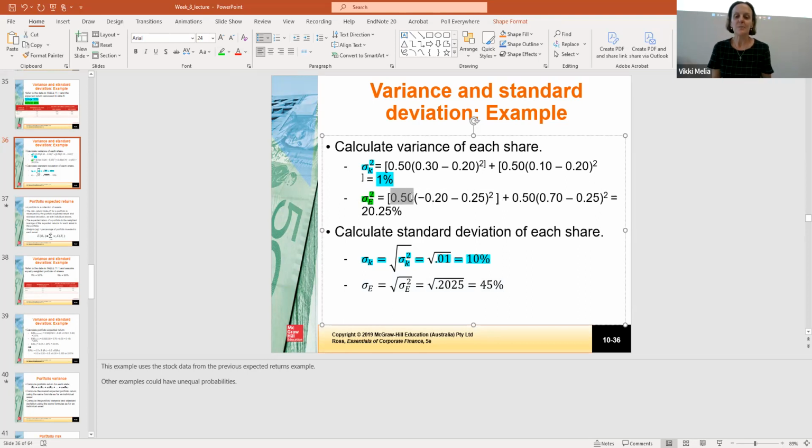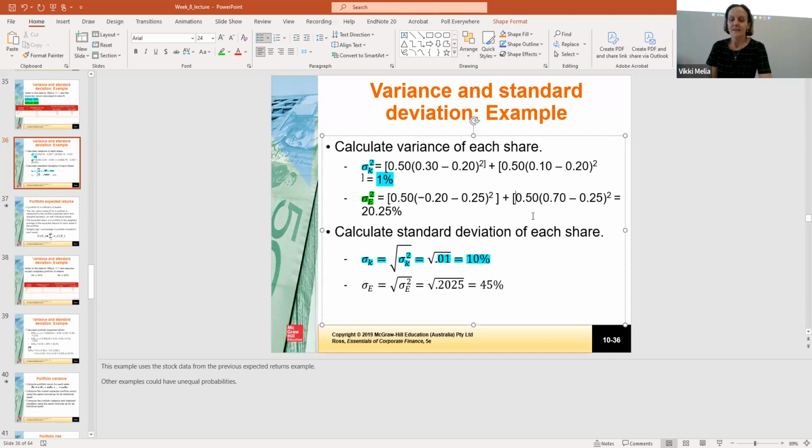There's a 50% probability that the economy will be in recession. In recession, the expected return from Emu is minus 20%, and we subtract the total expected return that we calculated previously. So minus 20%, minus 25%, and square it and multiply that by 50%.